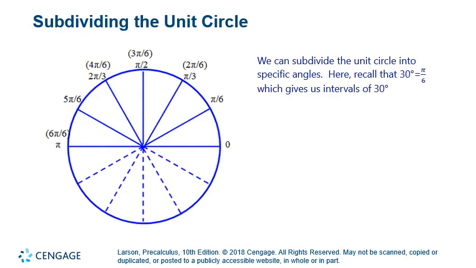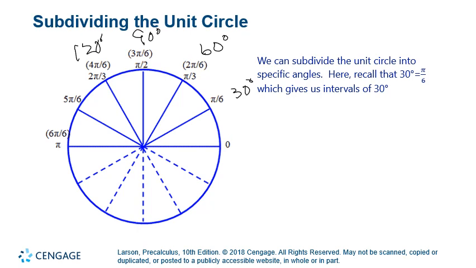So what we do is we take the 360 degrees in a circle and we subdivide it, and the first way we subdivide it is into intervals of 30 degrees.